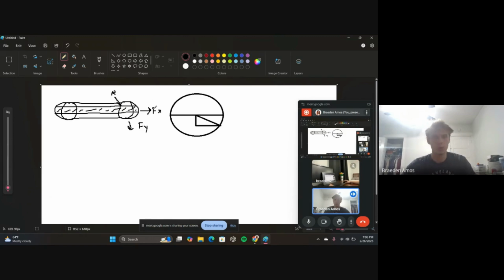So for this one, we're only going to be worried about Fx. That is actually the downforce. So for F vertical, that's equal to the volume of the sphere, which is 4/3 pi r cubed.